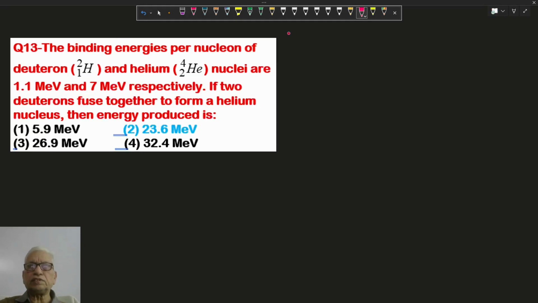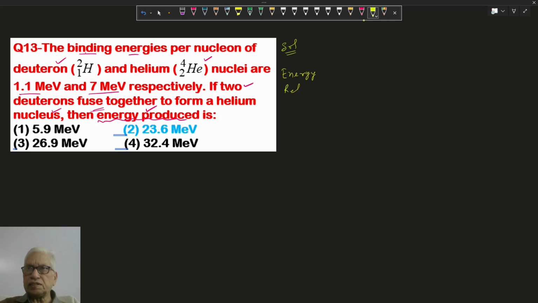Hello, in this question we have to find out the binding energy of this reaction, how much energy is released. It is given in the question: binding energy of deuteron and binding energy of helium are 1.1 million electron volt and 7 million electron volt per nucleon. If two deuterons fuse together in a fusion reaction forming the helium nucleus, how much energy is released? The energy released is the energy difference.